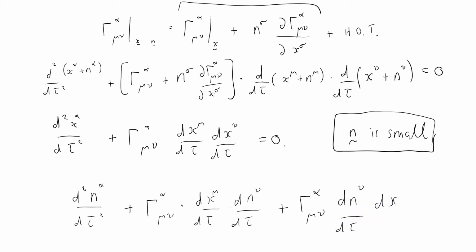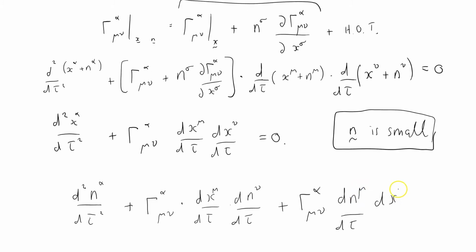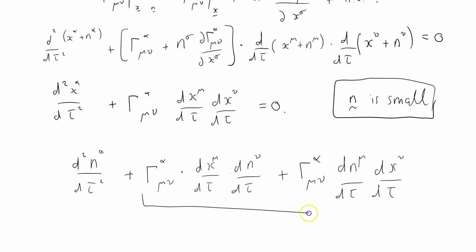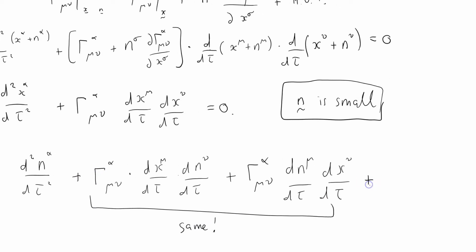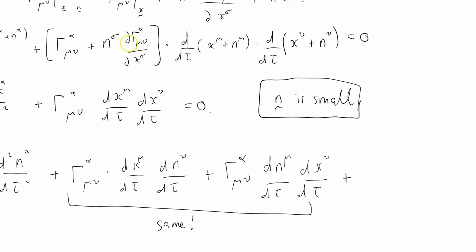Of course those two are the same. That's quite nice. Plus this term, n sigma times the derivative of Gamma alpha mu nu by dx sigma, summed over sigma.